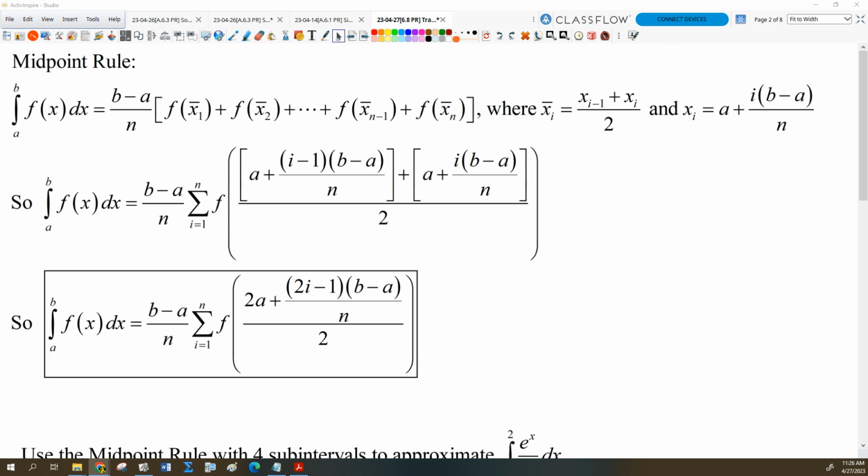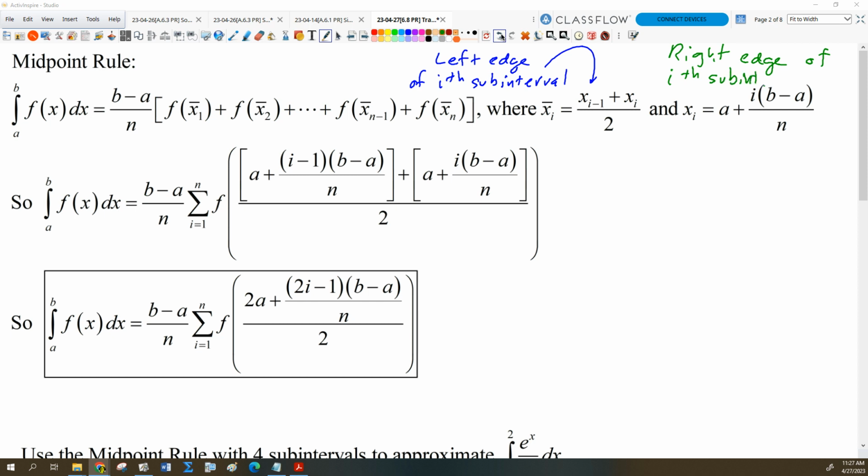So x sub i bar is going to be the average of x sub i minus 1, which is just the left edge of the ith subinterval, and x sub i, which is the right edge. So we're just going to average those two, add them up and divide by 2.